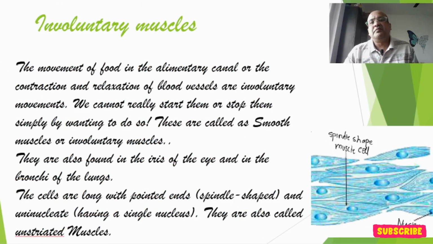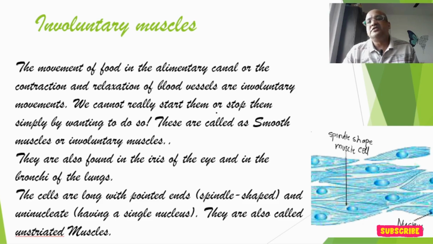Then comes my second type of muscles, which is involuntary muscles. Involuntary suggests that the movement of these muscles is not in our control. The movement of food in the alimentary canal or the contraction and relaxation of the blood vessels are involuntary movements.